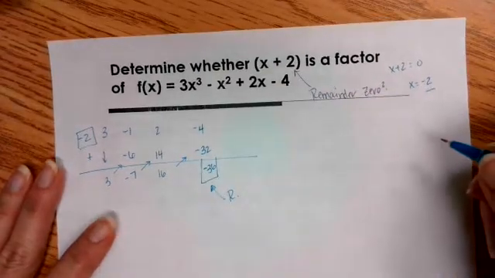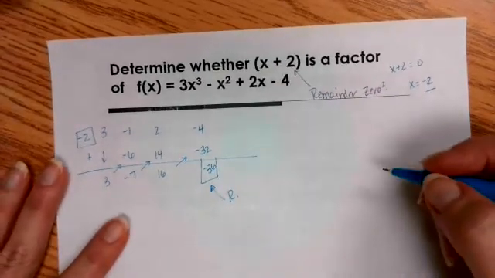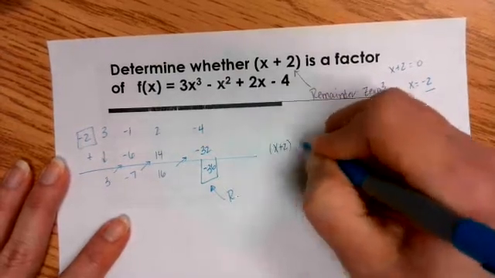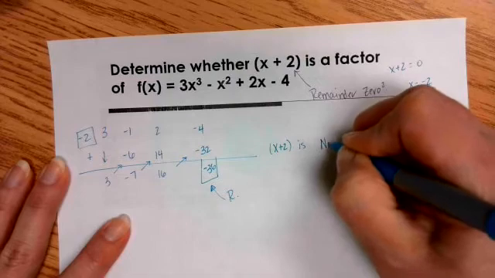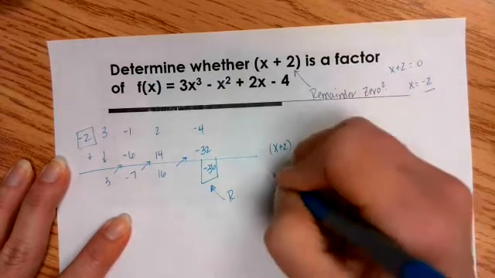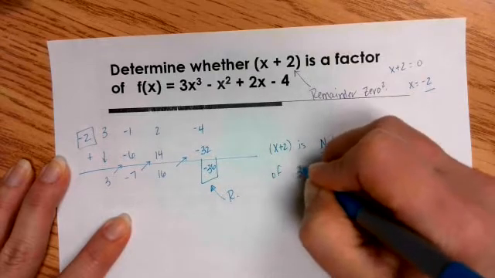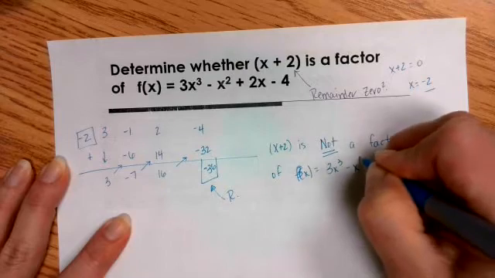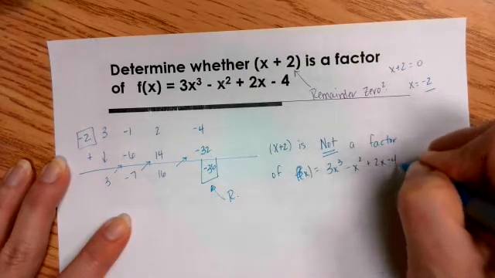So this has a remainder. So I can say that x plus 2 is not a factor of f of x equals 3x cubed minus x squared plus 2x minus 4.